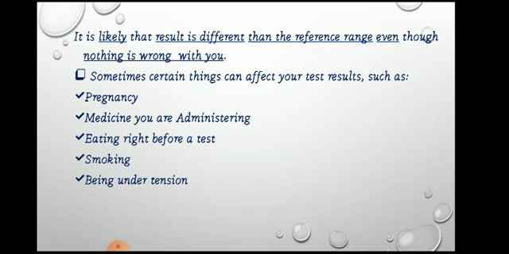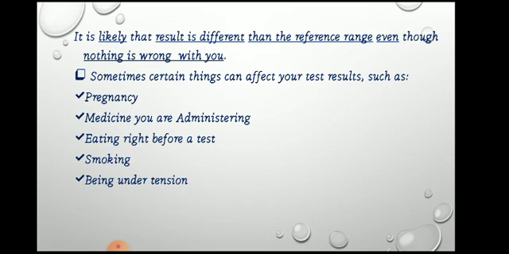The results obtained for a particular disease, or if some regular testing is done, will show variation in the ranges, but actually you are not having a problem. So there are certain reasons for getting such results.